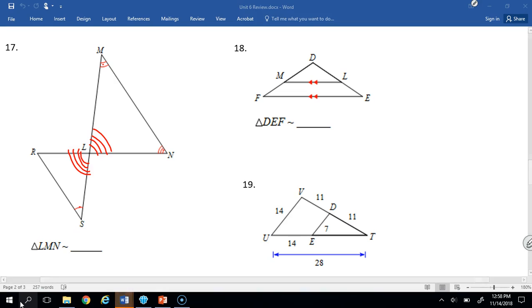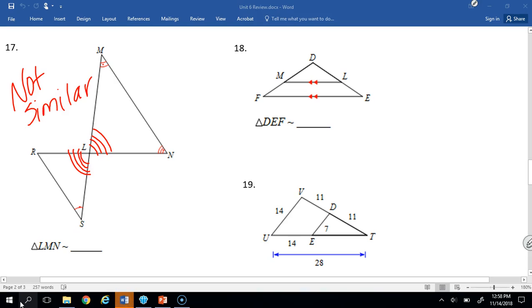The problem is we don't have any angles in this drawing that show us that they are congruent. And our first condition with respect to similarity is that we have to have at least 2 angles that are congruent to each other. So this one is not similar because we don't have enough information about angles.